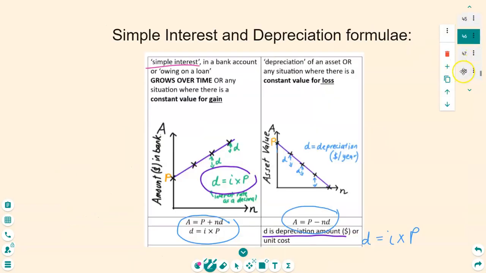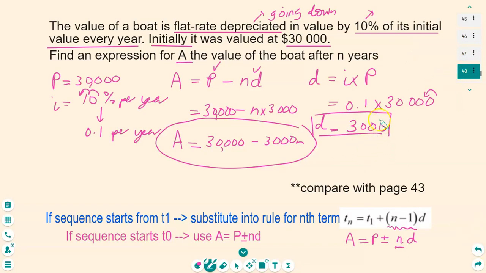Whereas these back here start at the very time you make your investment, the very time that you make your investment initially. So that's where you're going to use just the n formula. So lock this in your mind. If the sequence starts at T0, you use this formula. If it starts from T1, use the nth term formula.